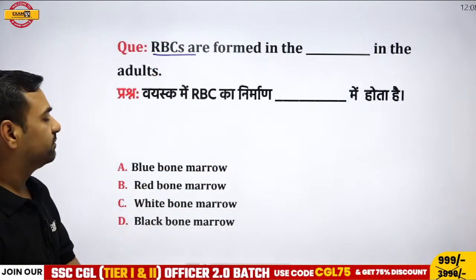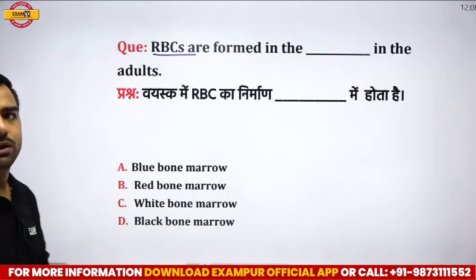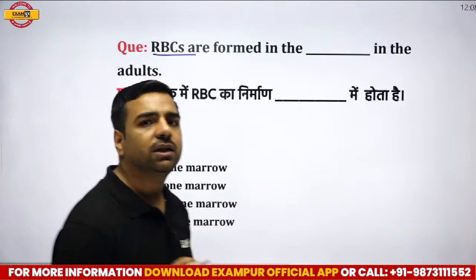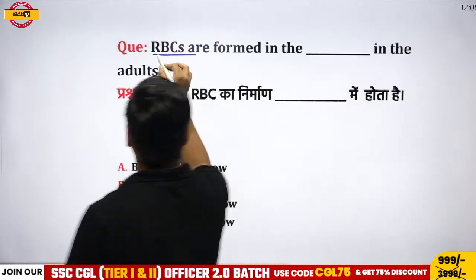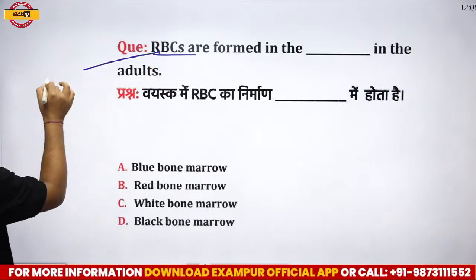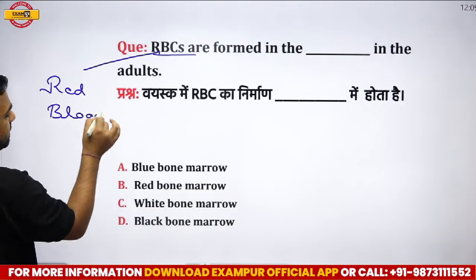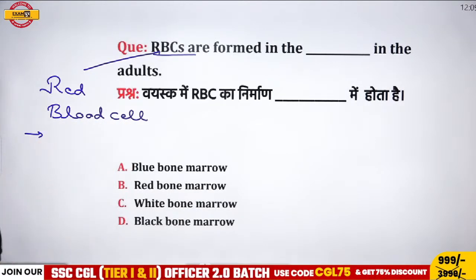RBCs are formed where? Is it blue bone marrow, red bone marrow, white bone marrow or black bone marrow? What is the correct answer here? Gobinath is going with B. And that's totally correct. See, when I talk about these particular RBCs, what are they? RBCs stand for red blood cells. Now these red blood cells, what are they doing in our body?